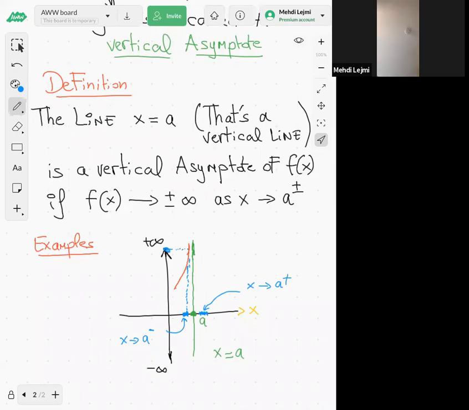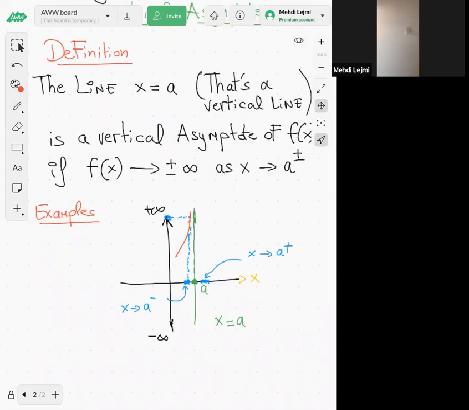Or your x is approaching a from the right, like here, then the values of the function f are approaching positive infinity. So here's my f of x. You see your x is in here, and the image output is approaching positive infinity.